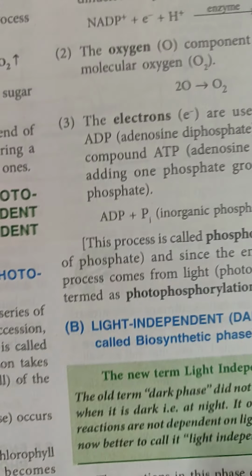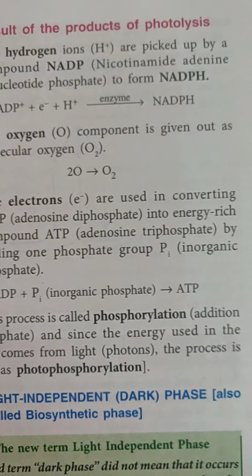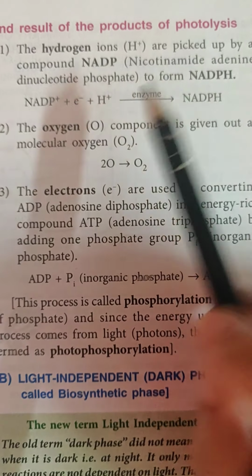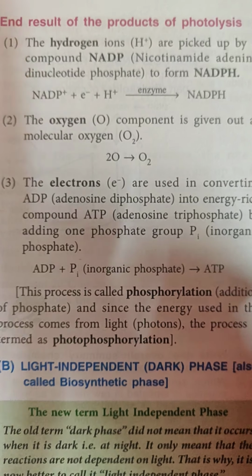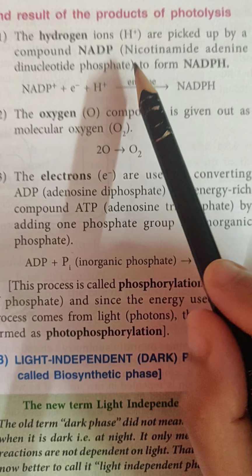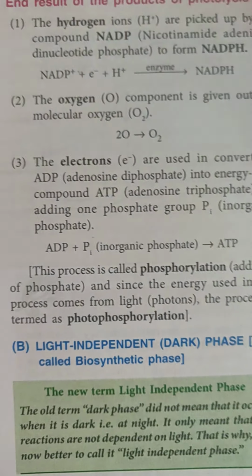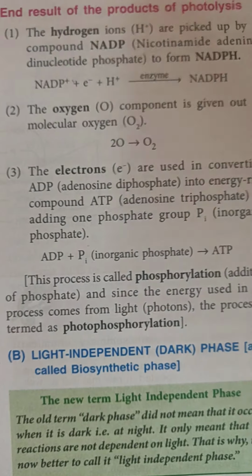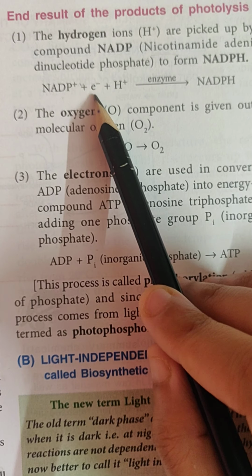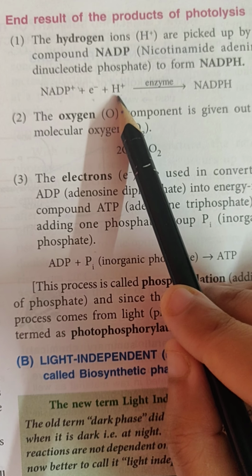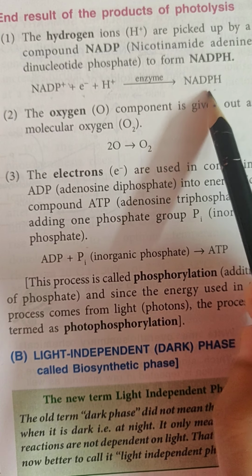Let us first talk about the hydrogen ion. The hydrogen ion gets picked up by the compound NADP, nicotinamide adenine dinucleotide phosphate. Yes, you have to memorize this name because you are going to get it again and again. So NADP, using one of the electrons and the hydrogen ion, becomes the reduced form of NADP, that is NADPH.